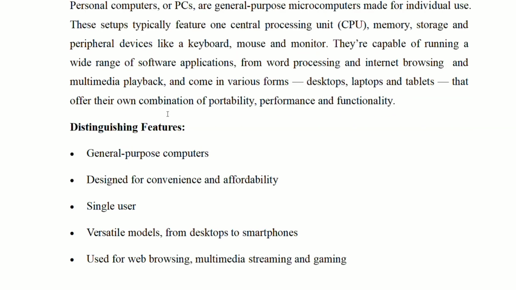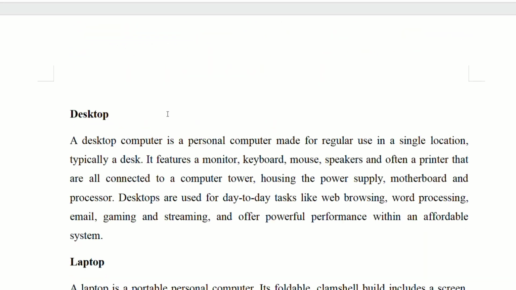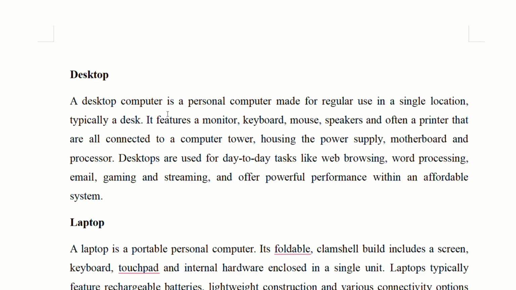Coming to the second type of computer, the desktop. A desktop computer is a personal computer made for regular use in a single location. A desktop contains different gadgets such as the monitor, CPU, keyboard and mouse.